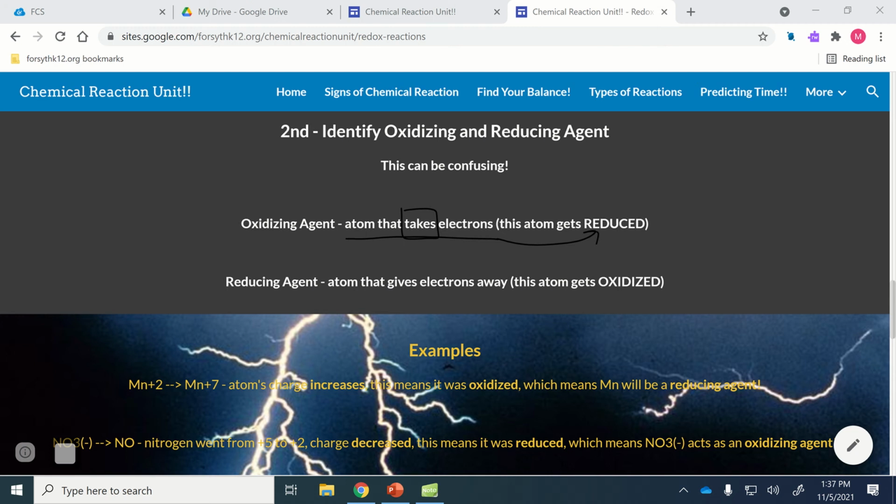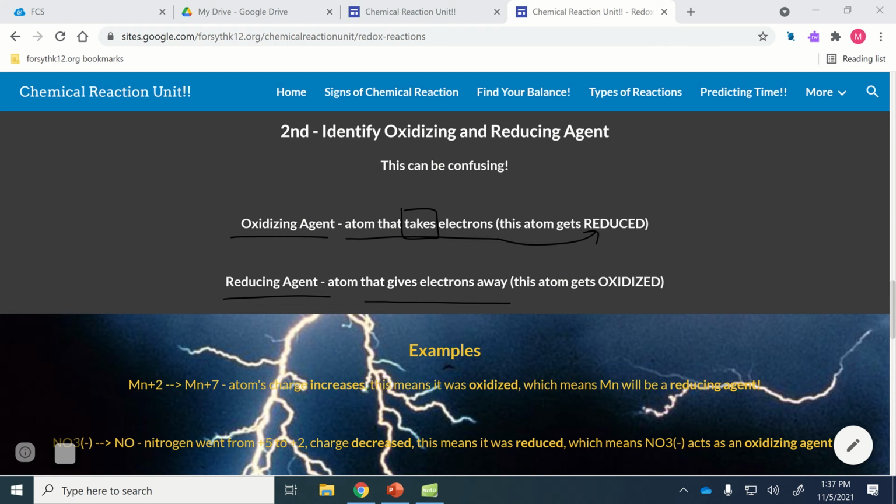So again, this is one of those tricky things that some people find different ways to do it. You can sit there and go which one's reduced, which one's oxidized, and then you reverse and tell me which agent it is. So the atom being reduced is the oxidizing agent. It is the one causing the other atom to be a higher charge. Vice versa, the reducing agent is the one that's giving electrons away because it's going to make the other atom more negative.